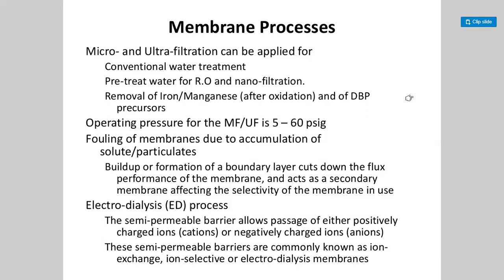Micro and ultrafiltration can be applied for conventional water treatment, pretreating water for RO and nanofiltration, removal of iron or manganese, and removal of iron and manganese after oxidation and DBP precursors.